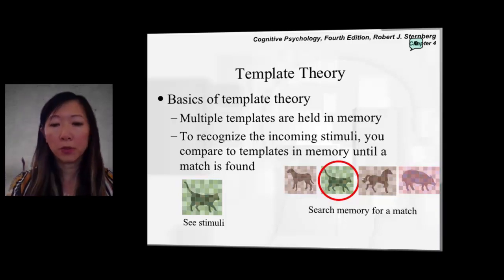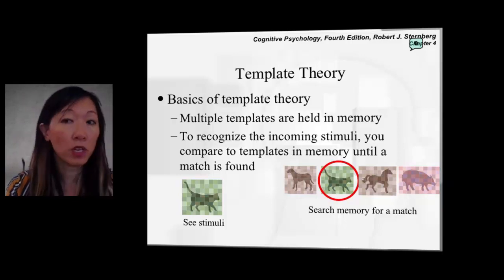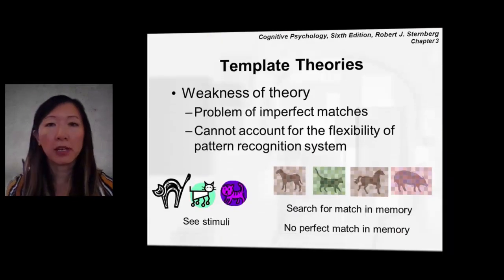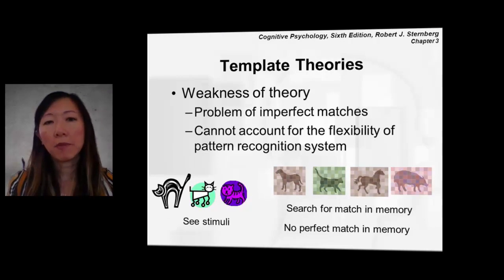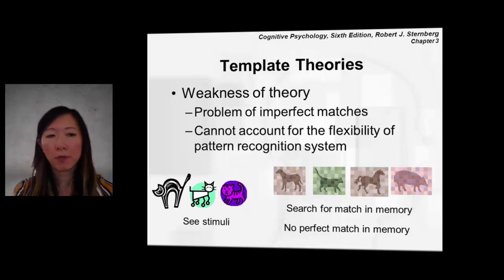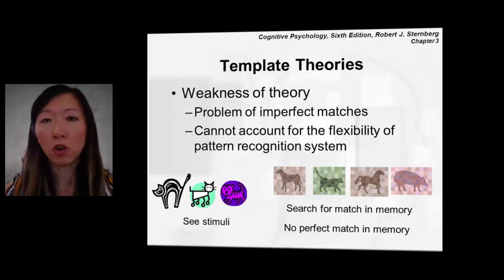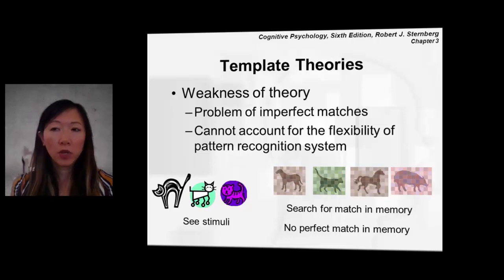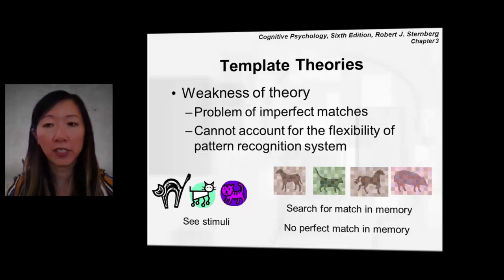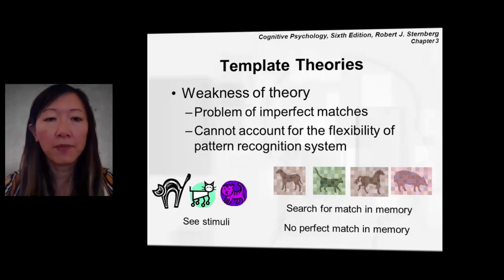And so there are some problems with this theory. Obviously, we could talk quite a bit about that. But one of the weaknesses, of course, is that there are imperfect matches. We don't have enough room in our long-term memory to store all of the templates we would need to recognize every single cat that we see.